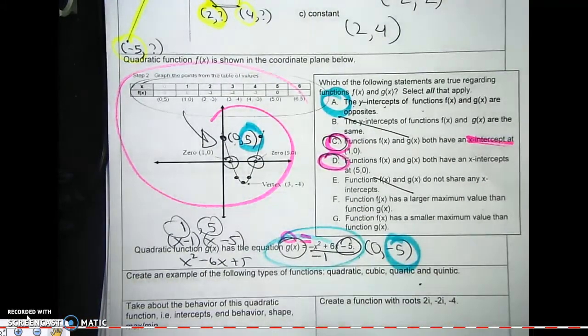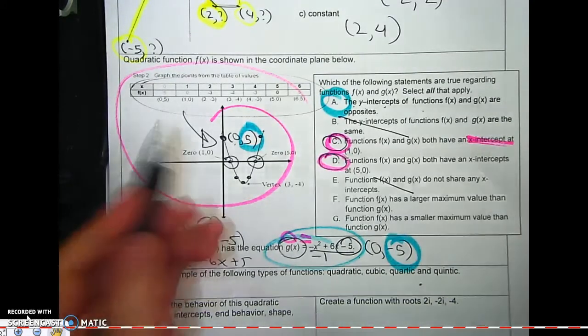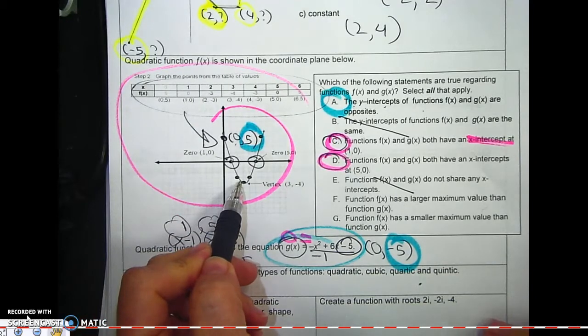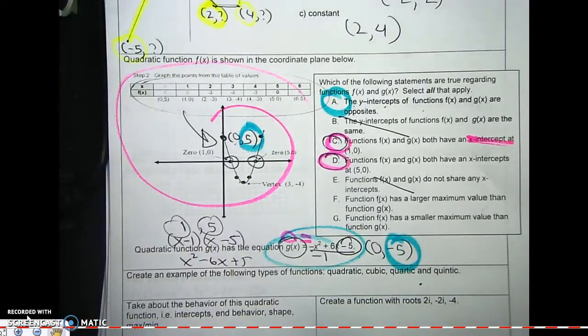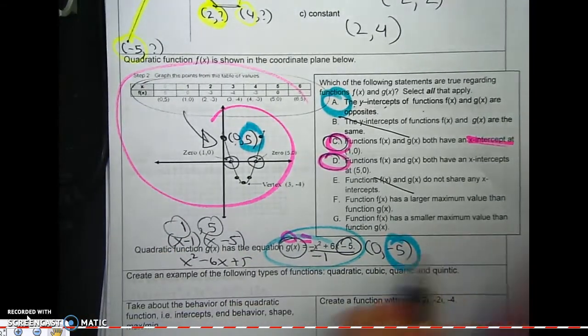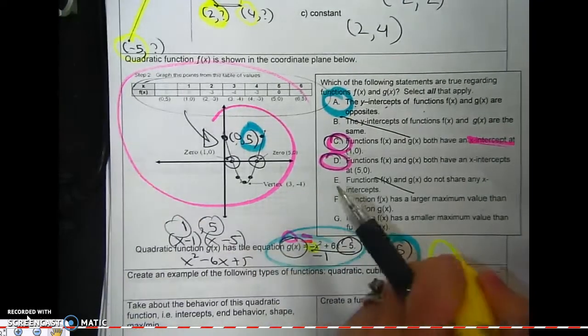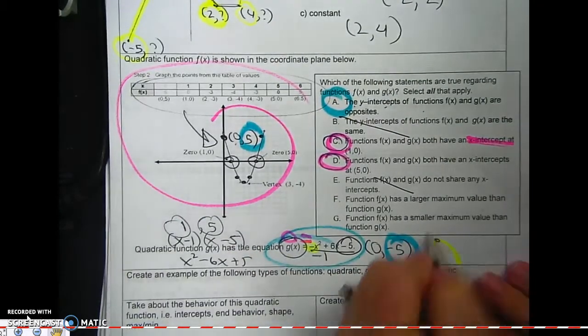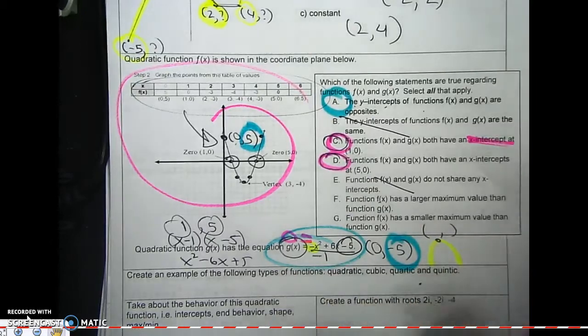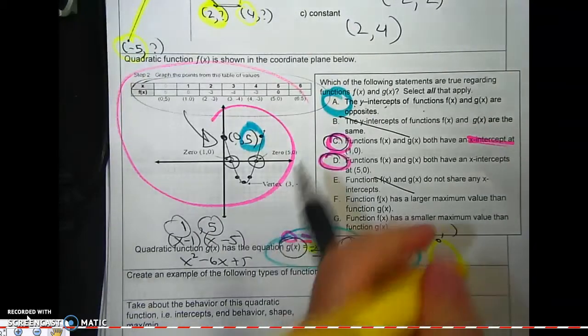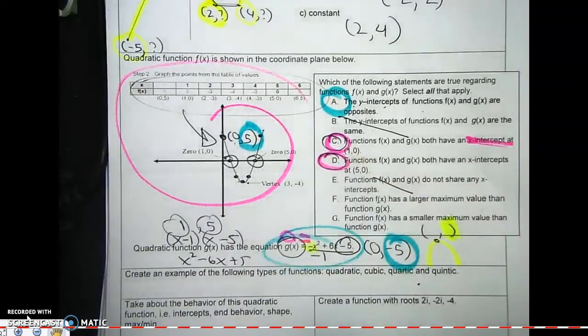F of x has a larger maximum. Okay, the maximum means the top. Well, this doesn't even have a maximum, but let's pretend it did. I know this one has a maximum because it's going down. When they're asking about the maximum, what they're going to ask for is the y value. So focus on the y value if we're talking about maximum.